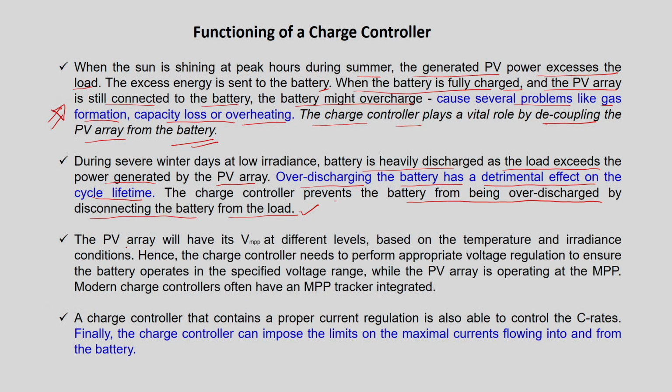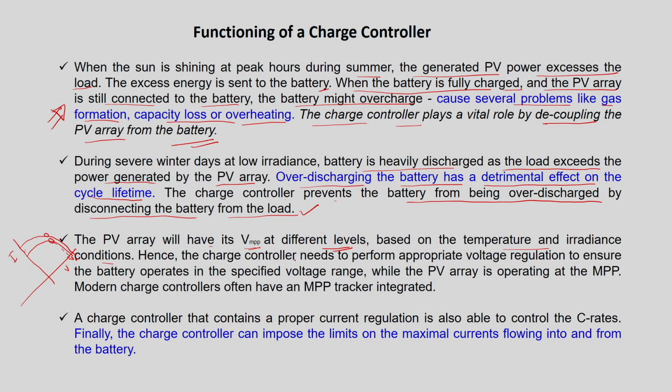Now, the PV array will have its maximum power point, MPPT, at different levels. As you can understand, if we remember this IV characteristics curve, this may be one irradiance and this may be another irradiance value. So, this value will change as irradiance changes. So, the PV array will have its maximum power point at different levels based on the temperature and irradiance conditions.